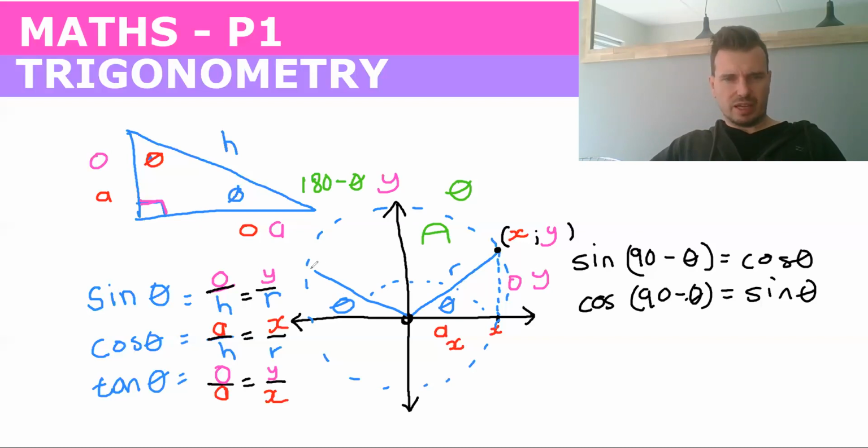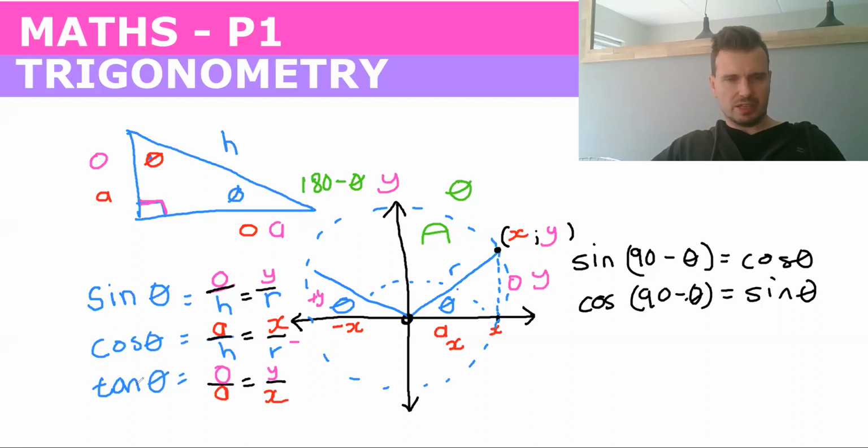So this is just part of the stuff you have to remember. And if we look at x and y in this quadrant, we see that x is negative, but y is still positive because it's on the positive axis. So in this quadrant, x is negative.